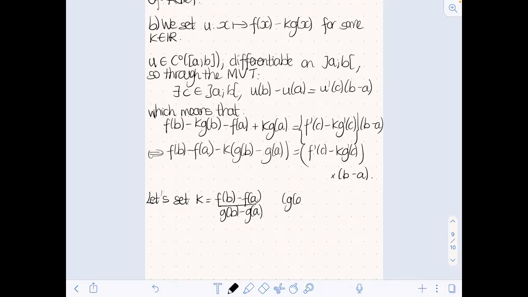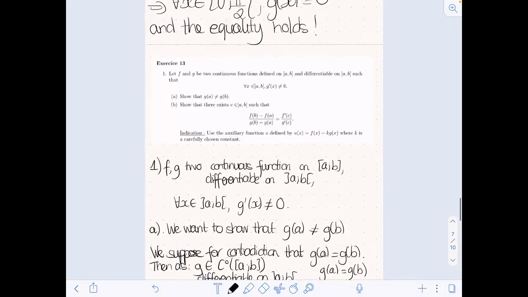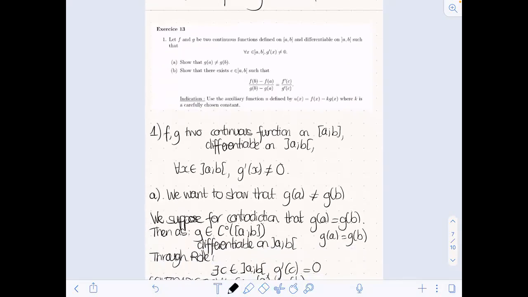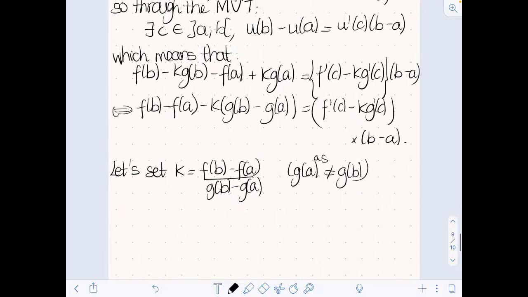Yeah, absolutely. I think that was an indication at the beginning. Yeah, that's the reason why we had to show it. So we've got this constant k.